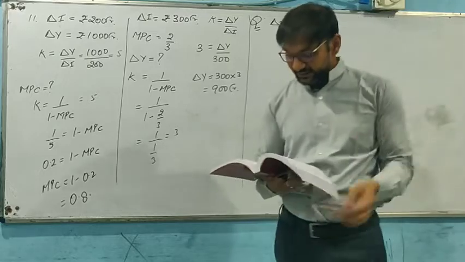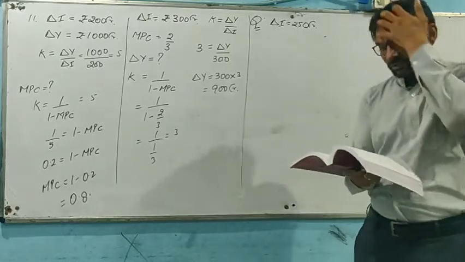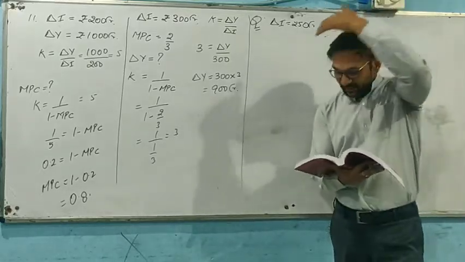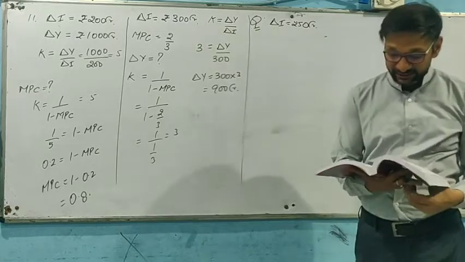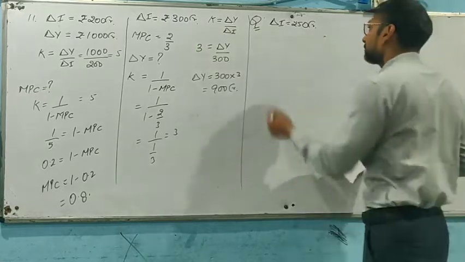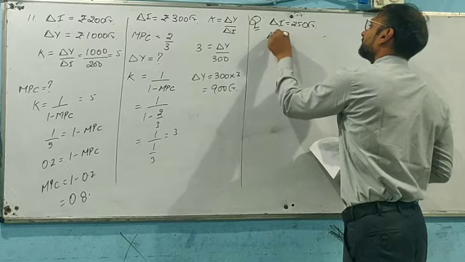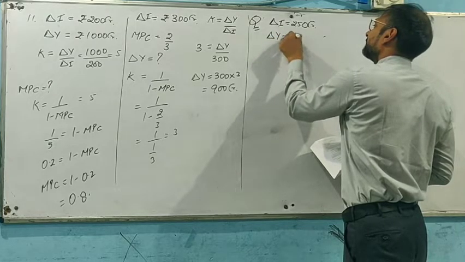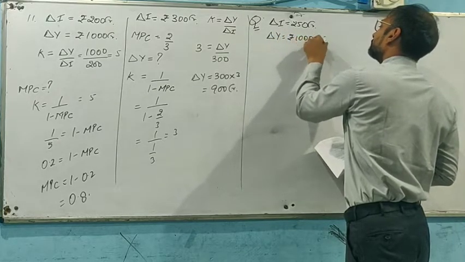It states that an increase of 250 crores in investment in an economy resulted in a total increase in income of rupees 1000 crore. It means delta Y will be 1000 crore.